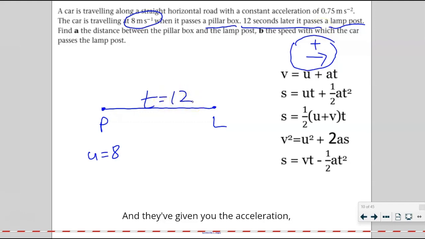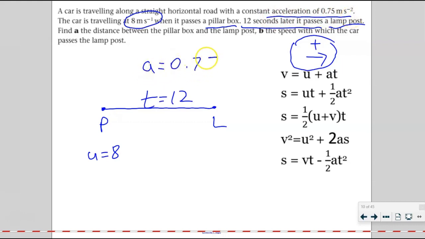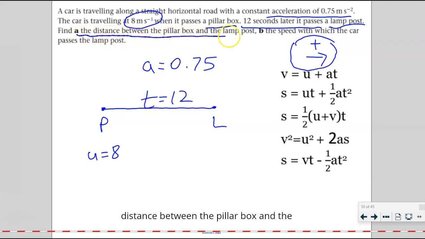And they've given you the acceleration, which is 0.75. So that's all the information we have. Now, part A is asking us to find the distance between the pillar box and the lamppost.